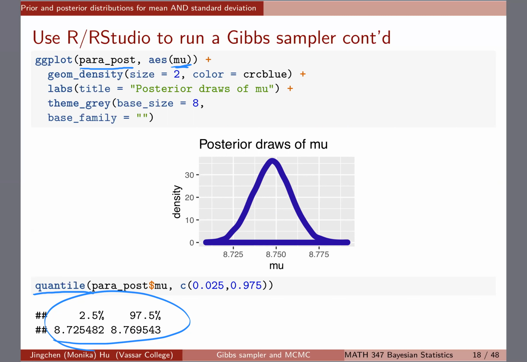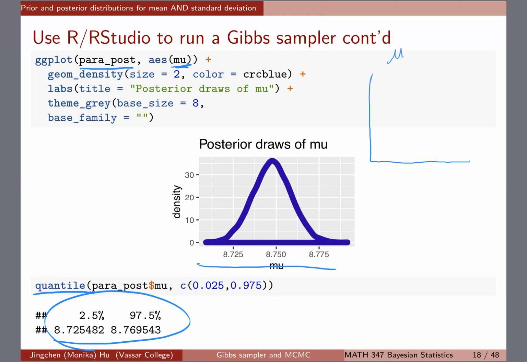We're going to dive into this a little bit more. For the Gibbs sampler, say for mu, suppose we plot all of the draws of mu as a density function, so you can see how it looks.